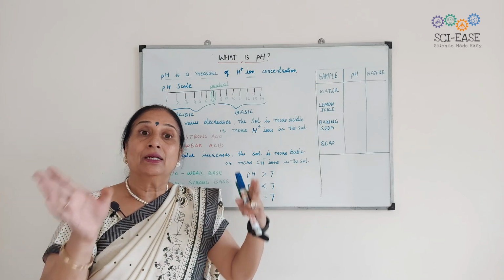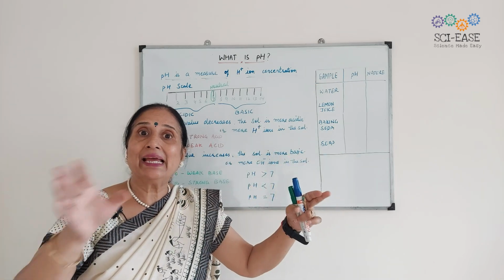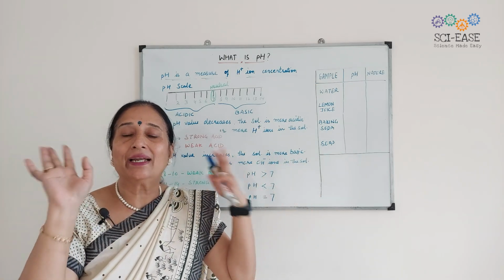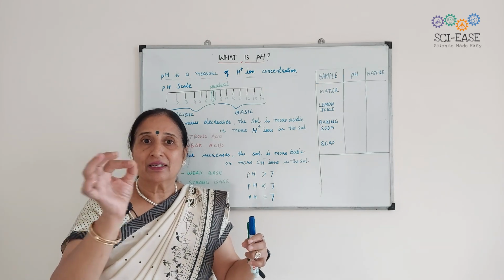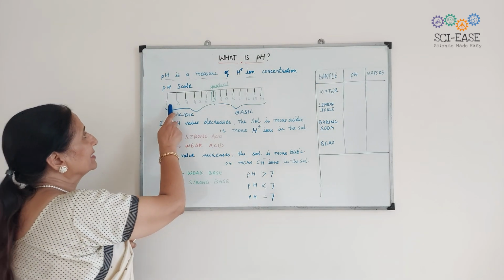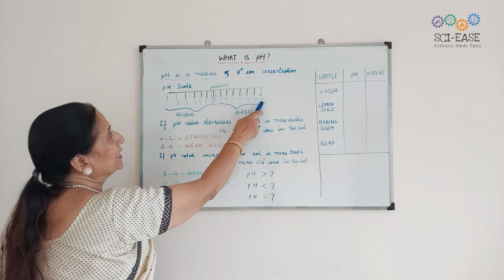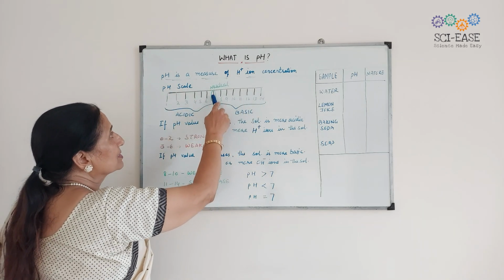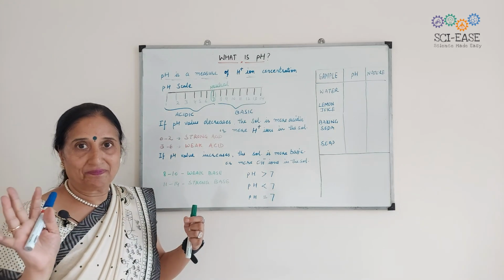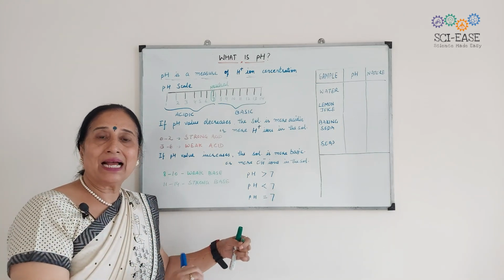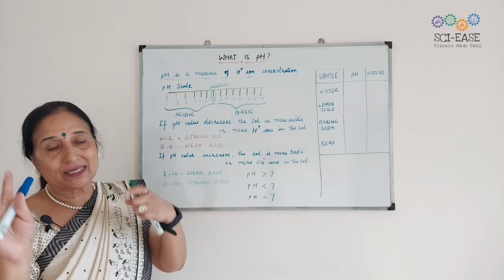Okay? So that scale is divided into 3 categories. First one, 7. Now this number 7, that is the neutral. Okay? Neither it is acidic nor basic.